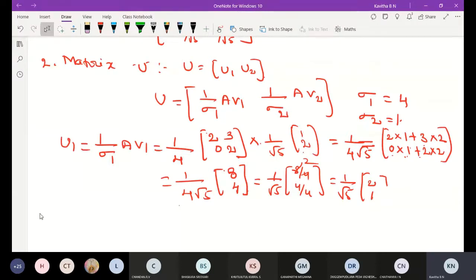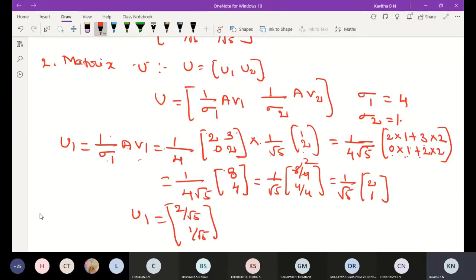Okay, here u1 is equal to 2 by root 5 and 1 by root 5. Okay, understood how to find the u1? u1 is nothing but 1 by sigma 1 A v1, is equal to 1 by sigma 1, value is 4, and the A matrix is 2 3 0 2, and v1 is 1 by square root of 5, 1 2.